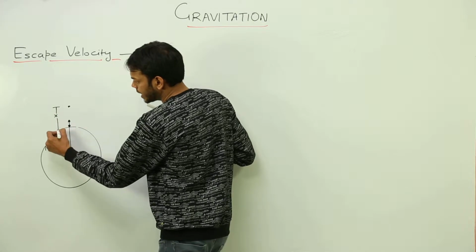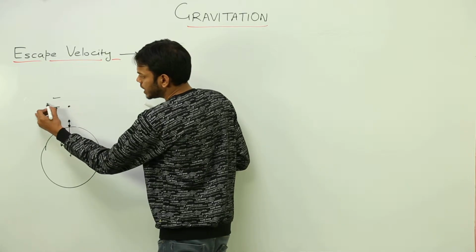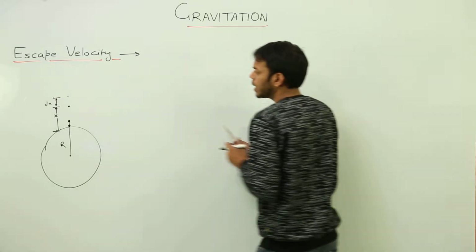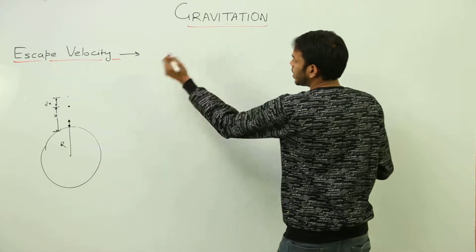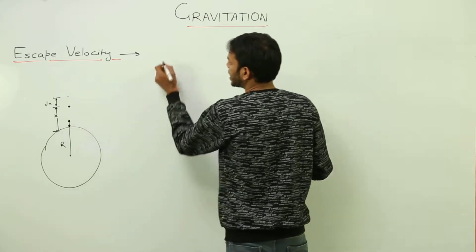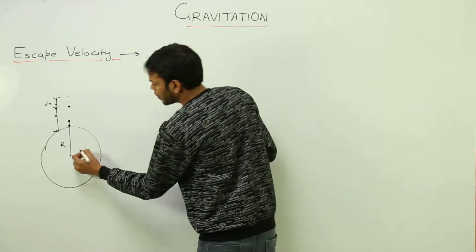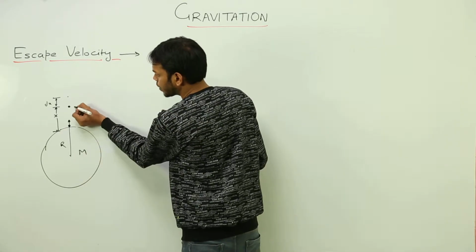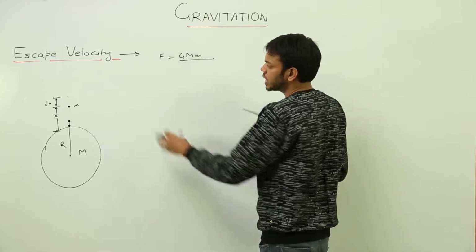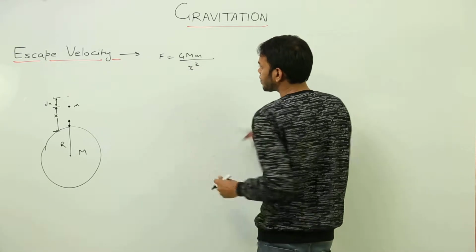This is distance x, and let a small amount of work be done in moving this body further up by dx. The force acting on the body, when it is at distance x, with the mass of Earth being capital M and the mass of this body small m, is GMm over x square.